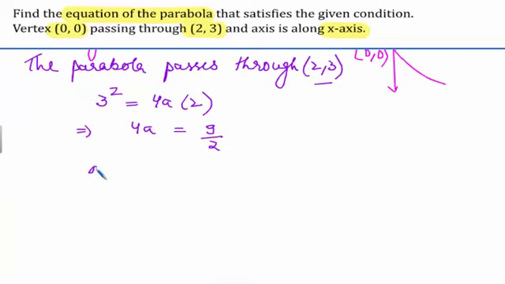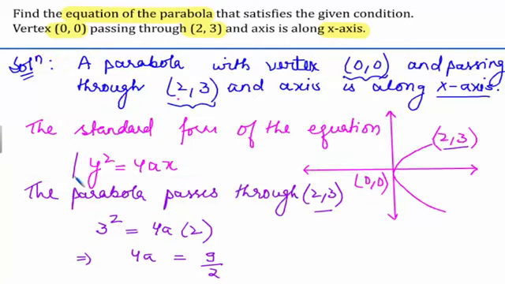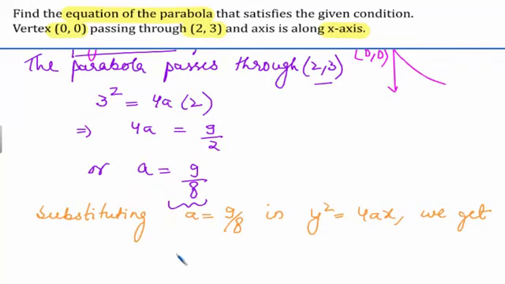Now, substituting this value of a in the standard form of the equation, we get y square is equal to 4 into 9 divided by 8 into x. Now 4 2s are 8, so we have 9 upon 2 x.